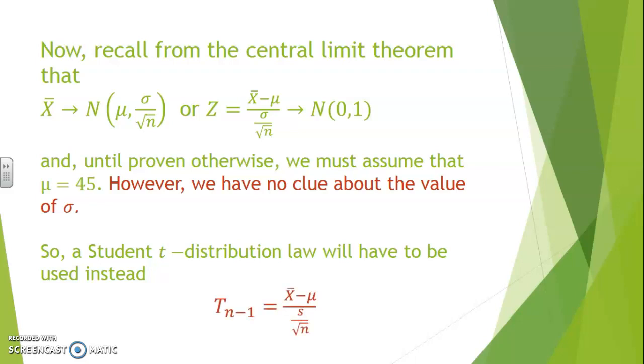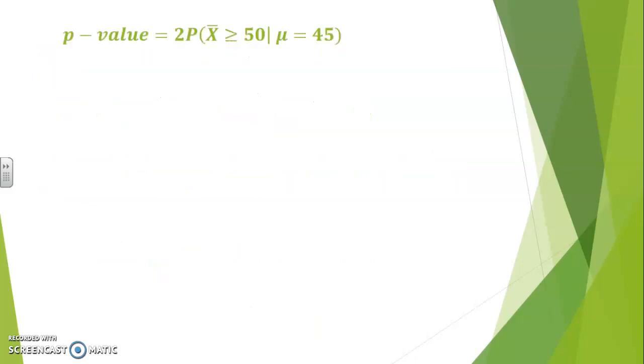So notice how we have replaced sigma by s, and we have changed the name of the distribution from z to t. N minus 1 is what we call degrees of freedom, because the errors we are making on s depend on how big the sample is. The p-value that we are looking to find is then 2 times the probability that x bar will be greater or equal to 50.